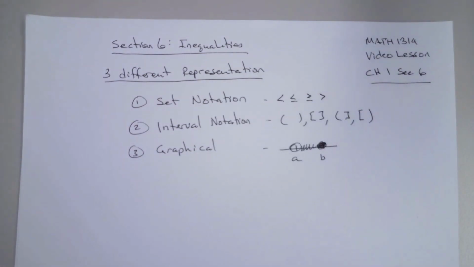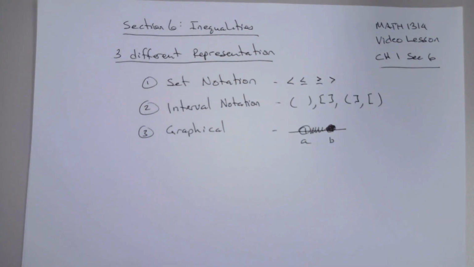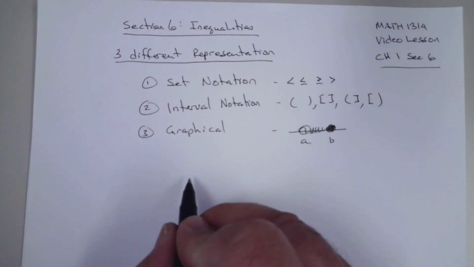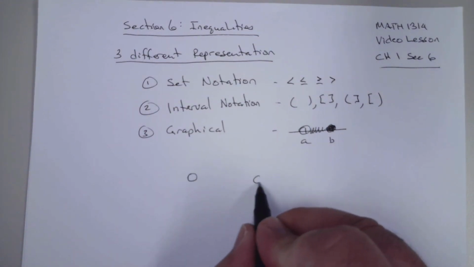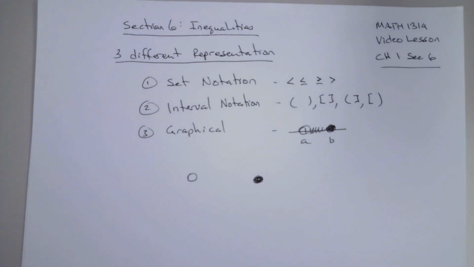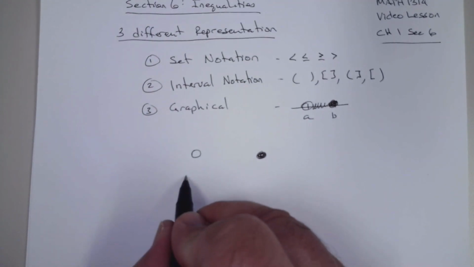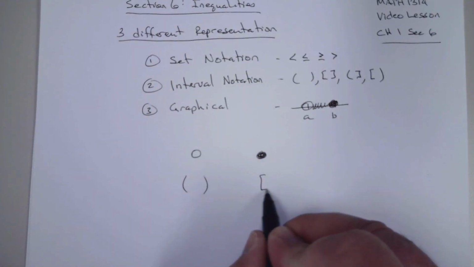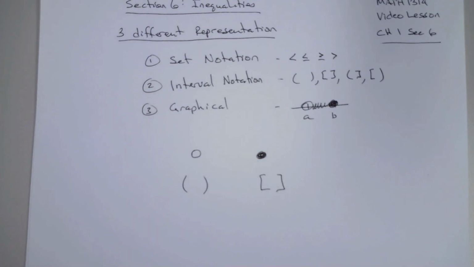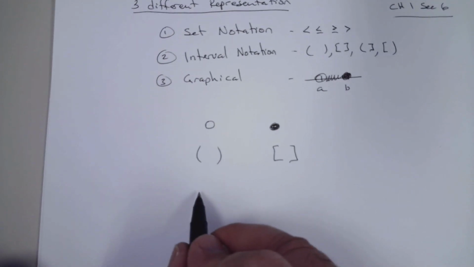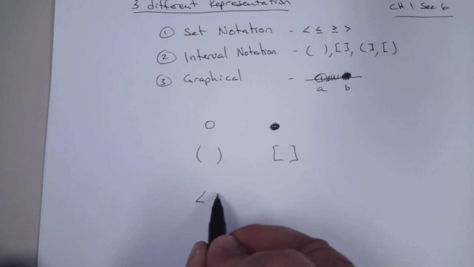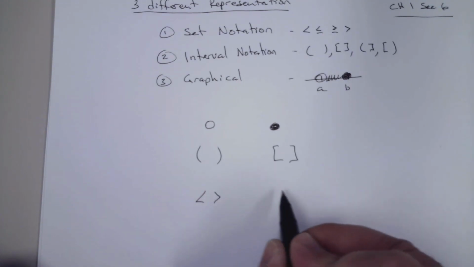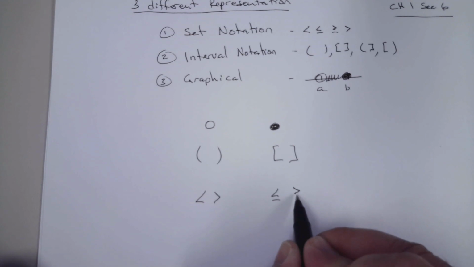So let's discuss really quick the symbols we're using: open circles or closed circles, parentheses or brackets, and inequalities.